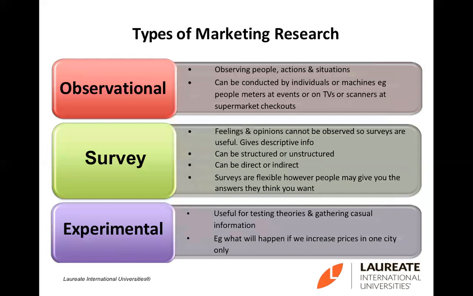And the next one is about types of marketing research. We have three types: observational, survey, and experimental. Observational is about observing our respondents in their natural environment.